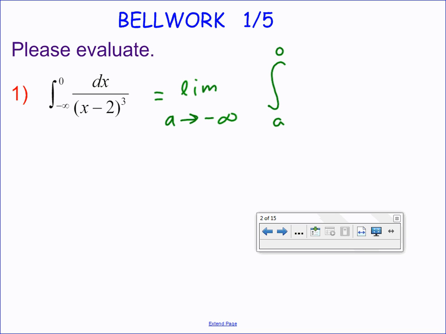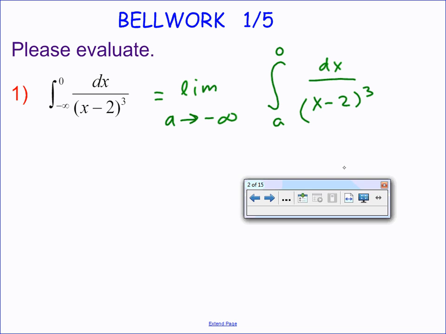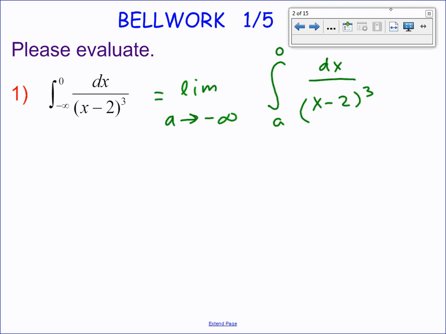We know how to evaluate an integral from a to 0 using the evaluation part of the fundamental theorem of calculus. If we can find an antiderivative for my integrand function, in this case 1 over quantity x minus 2 cubed, then we can simply evaluate at the upper, evaluate the lower, and subtract the two. Then we'll evaluate my limit, if possible, and see whether the value of this improper integral exists, or if it diverges.